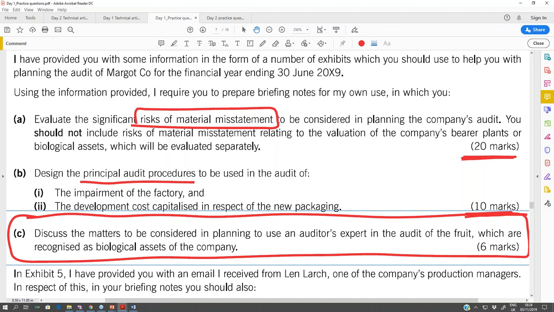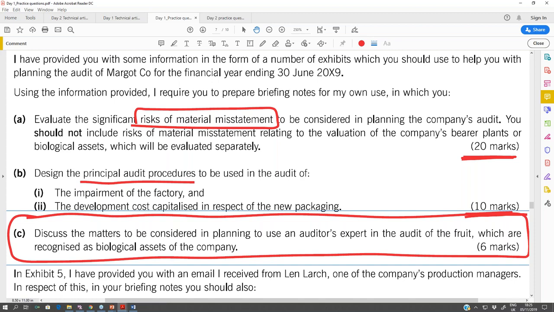So the company has some biological assets, and the auditor is planning to use the expert in that process. So the examiner is asking, discuss the matters to be considered in planning to use an auditor's expert in the audit of the fruit, which are recognized as biological assets in the company.